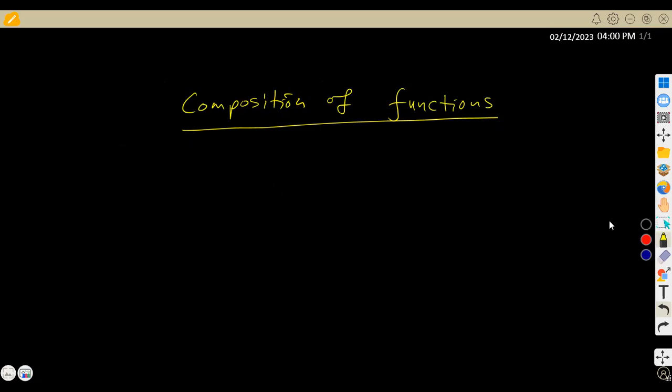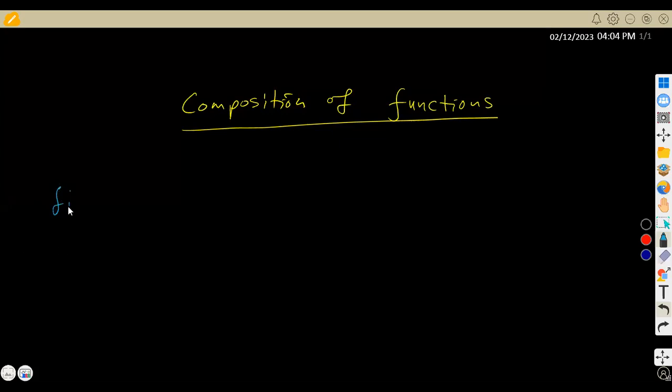Like, let's take, for example, that we've got two functions, okay? We have the function f of x. I'm just going to illustrate, let's say f of x is equivalent to x squared. And also you are given g of x, which is equivalent to 3x plus 1, okay? To combine, a composite is just combining functions.